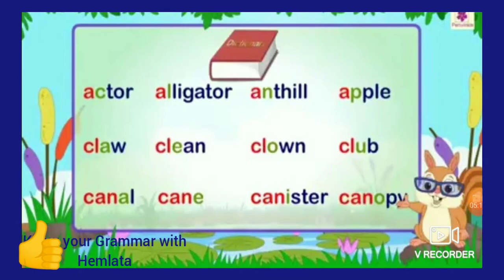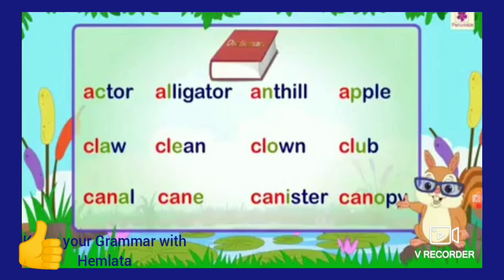Now you can say, here are some words given in alphabetical form, like actor. Next is alligator. Actor. Next is alligator.